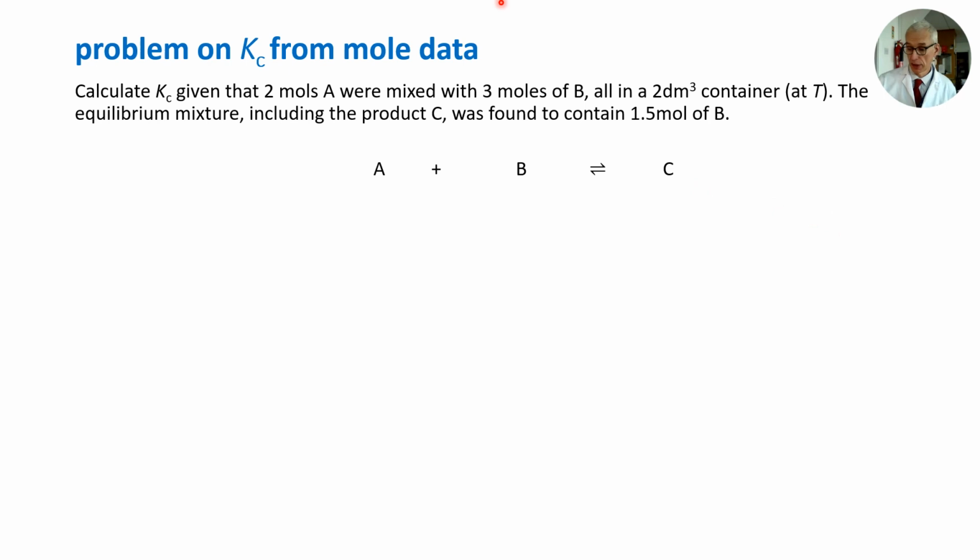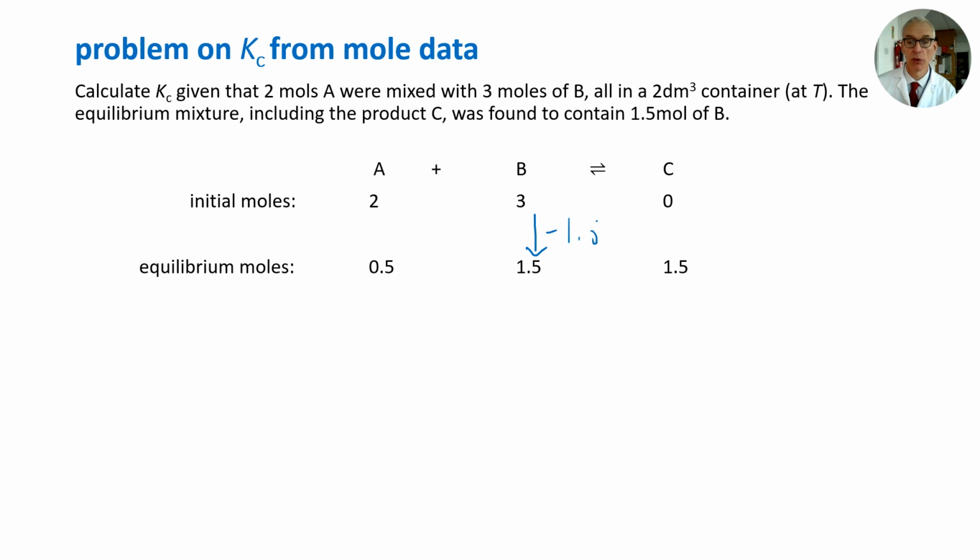Okay, so I'm going to reveal the first few ideas. We want the initial numbers of moles. Well, we're told that we've got 2 moles of A and we've got 3 moles of B. We assume we weren't told anything different, so we have 0 moles of C, but we want to know what is the case at equilibrium. Well, we are told that there's 1.5 moles of B. So B has come down by 1.5.